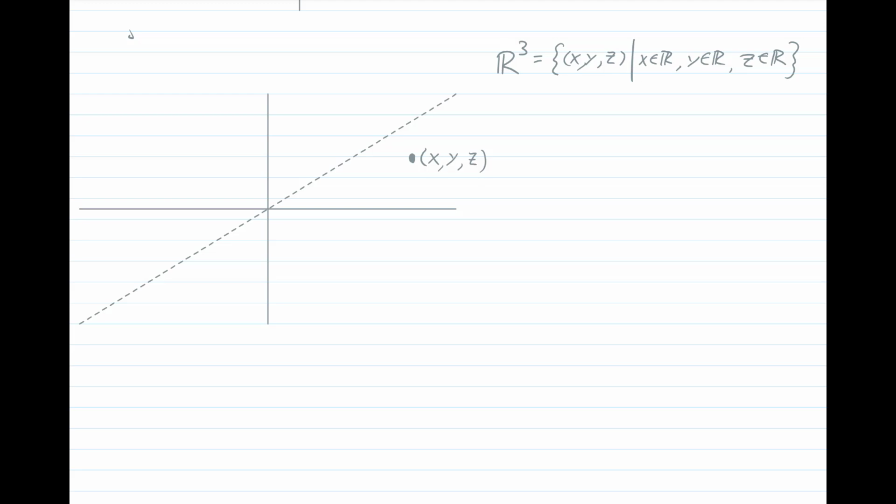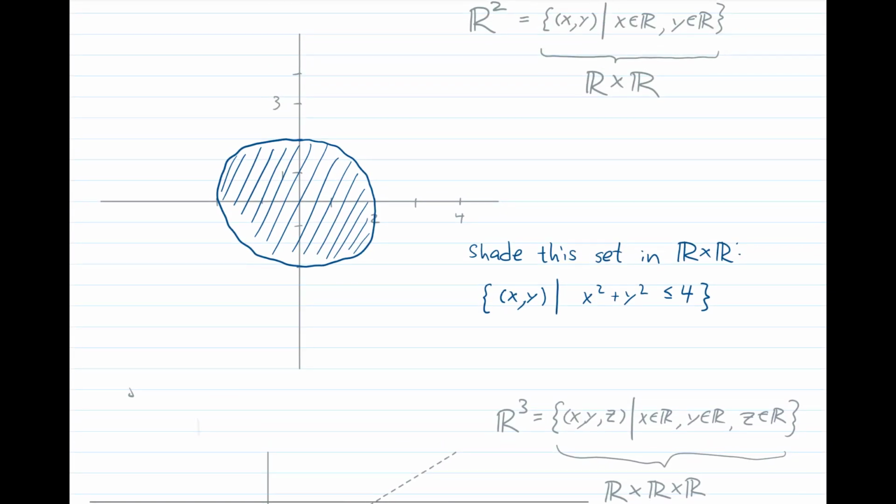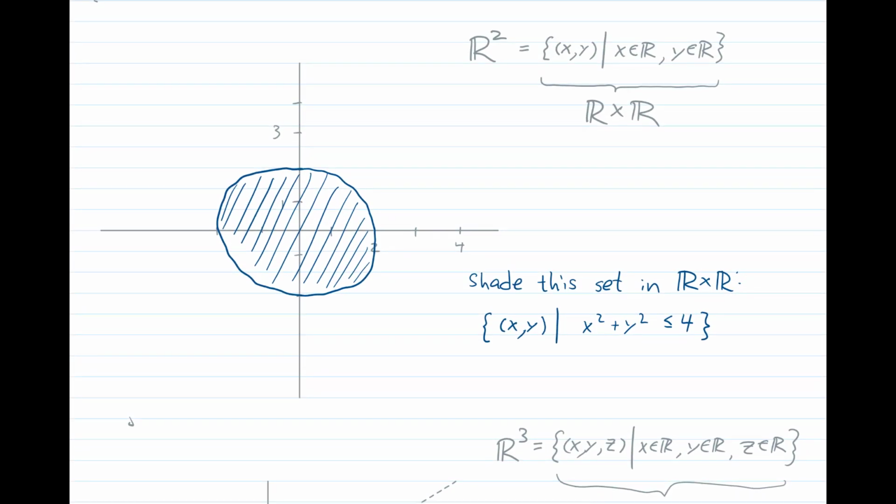So that would be called R cross R cross R. Okay, but we just use R3 as an abbreviation. Just like for R2. It's R cross R, but we just use R2 as an abbreviation. Okay?